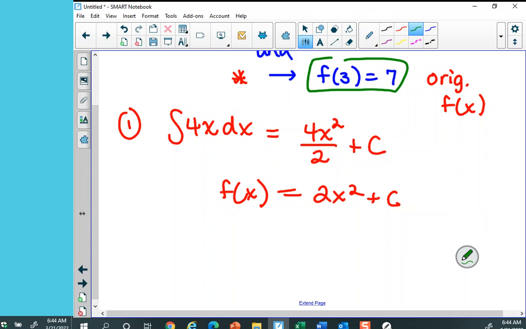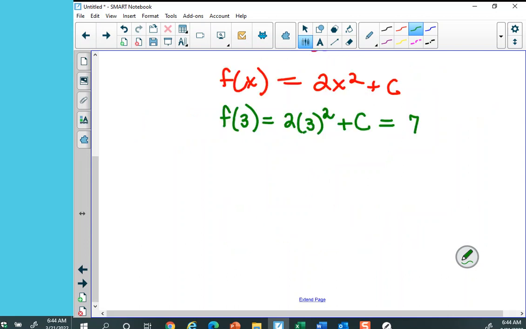Here's the information I have on this problem, that f of 3 is 7. So that means when I do f of 3, the antiderivative with 3 plugged in, that's supposed to equal 7.